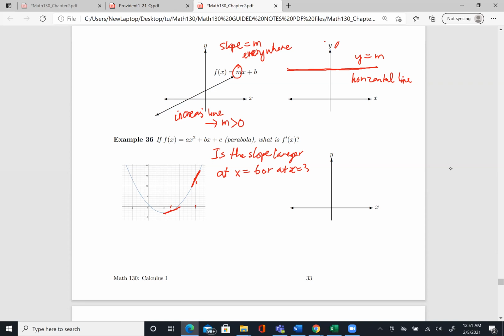So you can see that as x gets larger, the line is steeper, right? So the slope is actually going to get bigger if you have larger x.